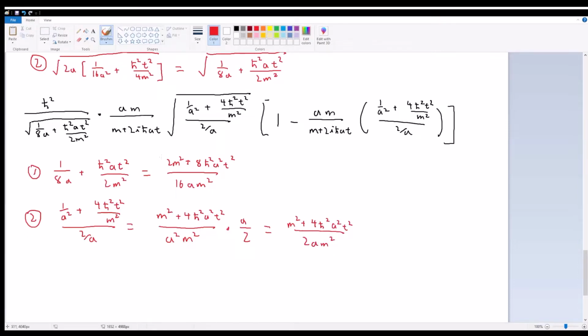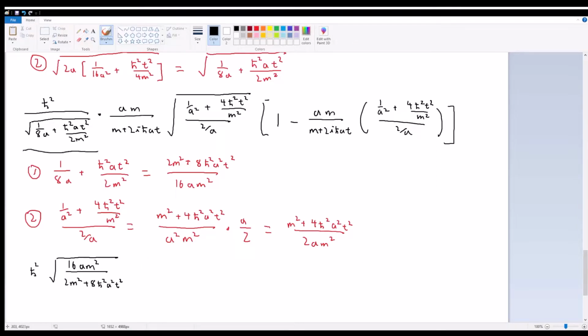So if we combine these, what are we going to get? We're going to get h bar squared times the reciprocal of the square root of this. So this is going to give us the square root of 16am squared over 2m squared plus 8h bar squared a squared t squared. And then what else do we have?